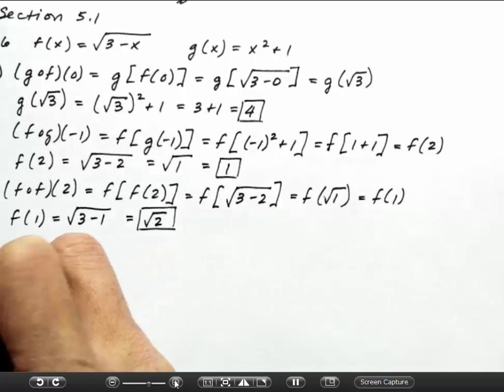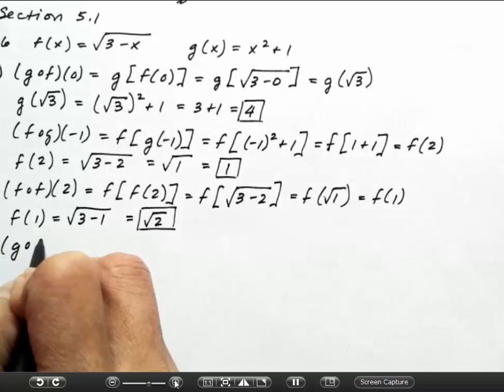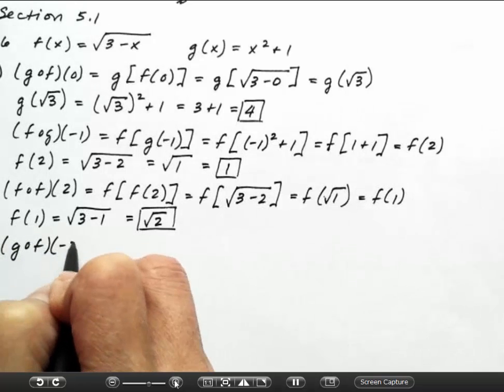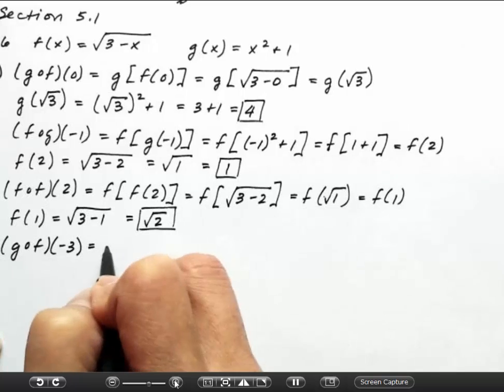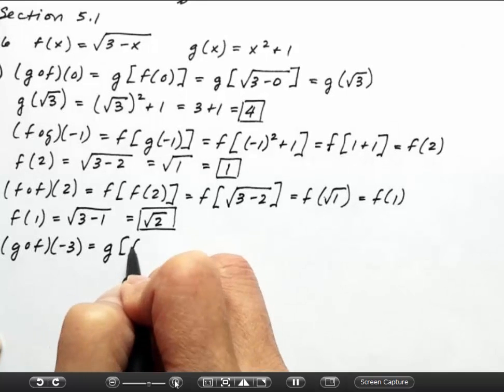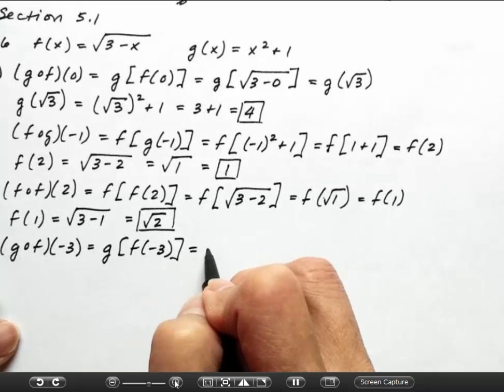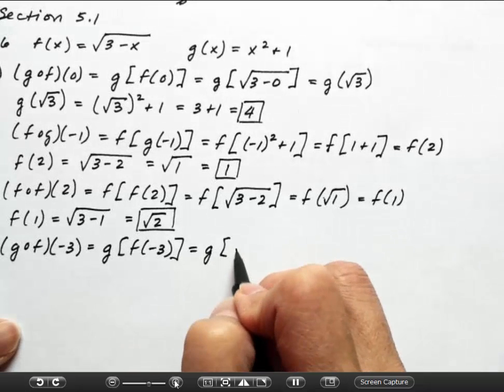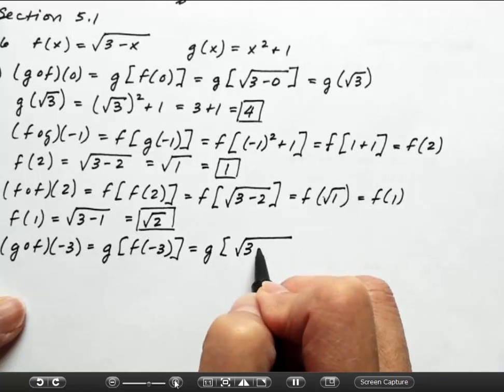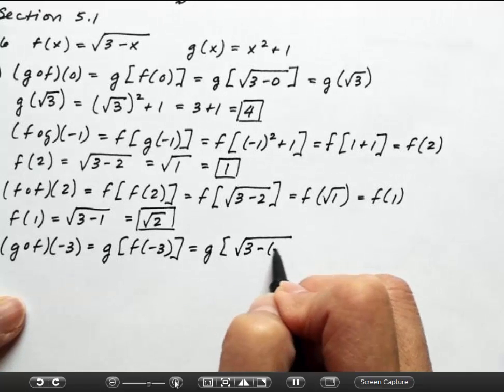The fourth thing we're supposed to do is g of f of negative 3. I need to put a negative 3 into my f function wherever I have an x. So 3 minus, and then put in your negative 3.